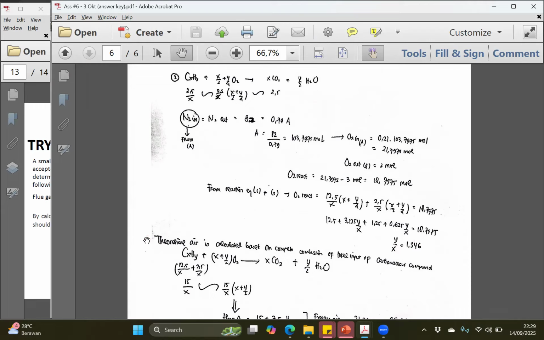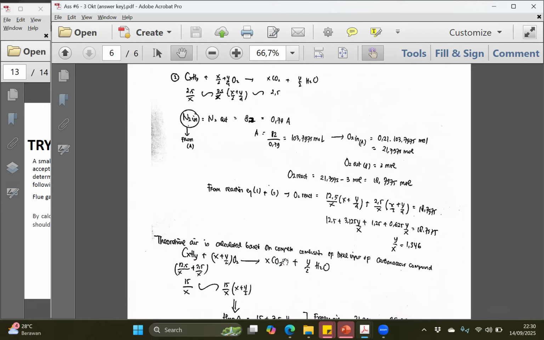The next step is the theoretical oxygen, because when I want to calculate the excess air, I have to know the theoretical oxygen.